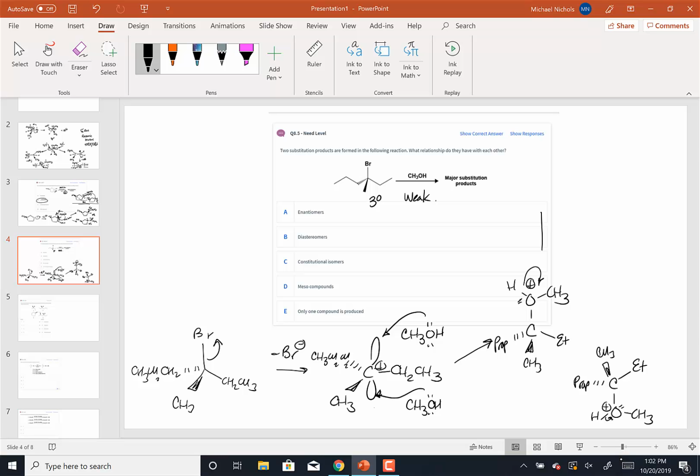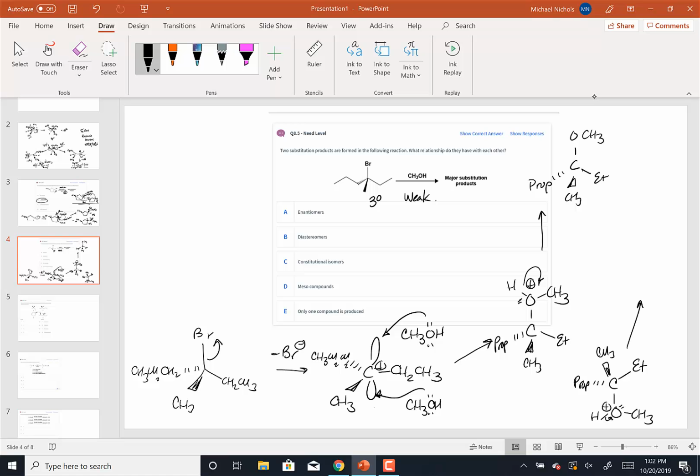So my two products are one where we have the propyl group, the methyl group, and the ethyl group with the OH up here, or sorry, it's not an OH, it's an OCH3.